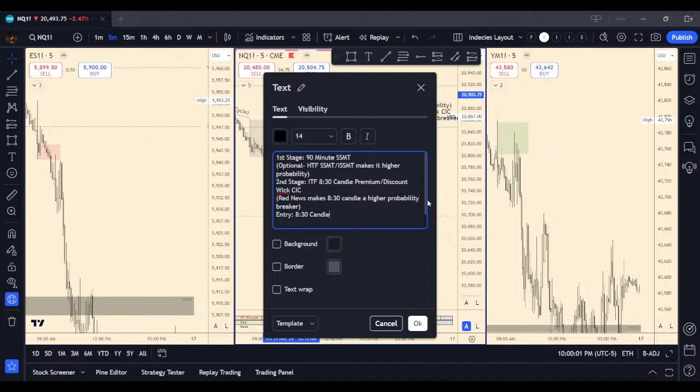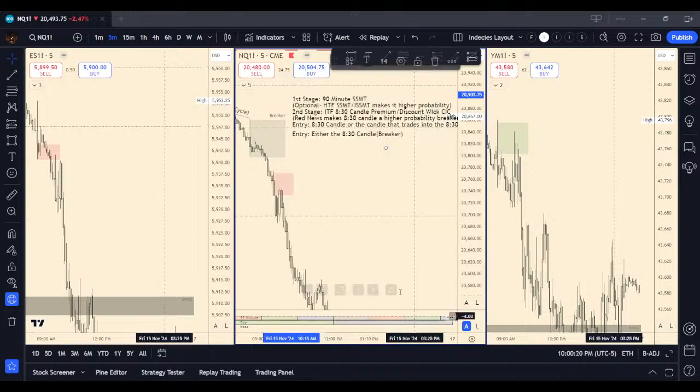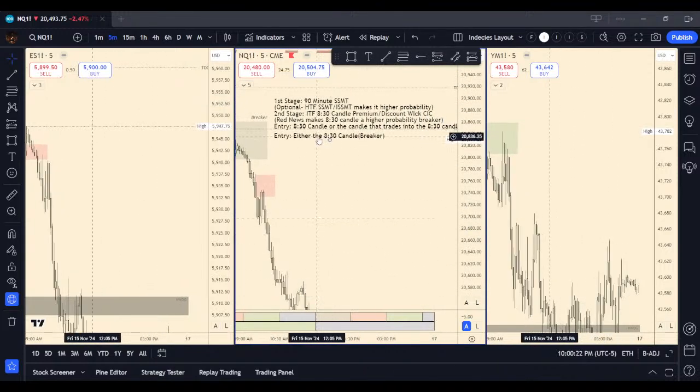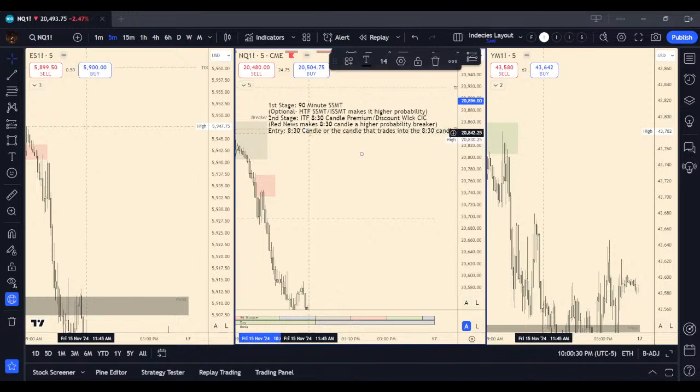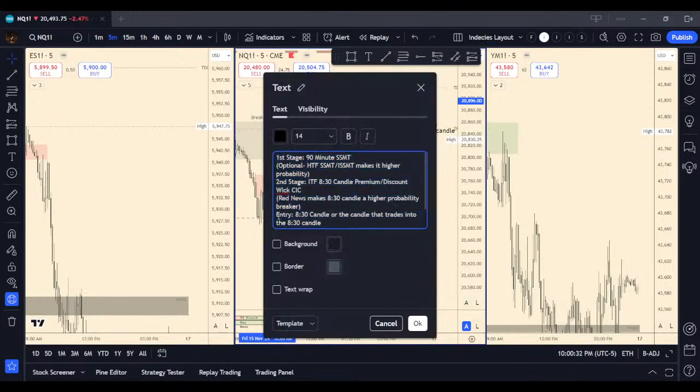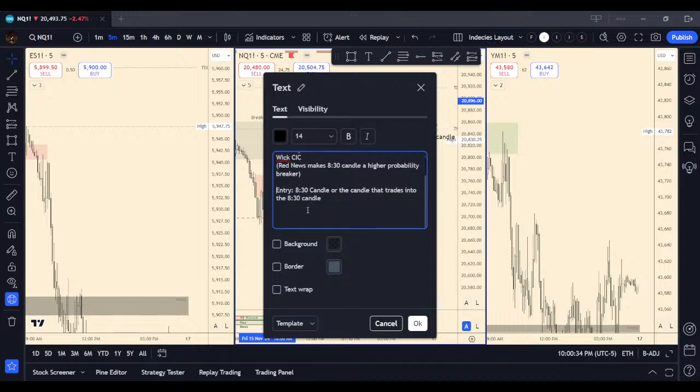There are two candles you're looking at: the 8:30 candle, or the candle that trades into the 8:30 candle. If you can understand that, you'll understand why I said that. Delete this, sorry. Okay, so I'm going to try to make sense of this. There are two breakers, so there are two entries.